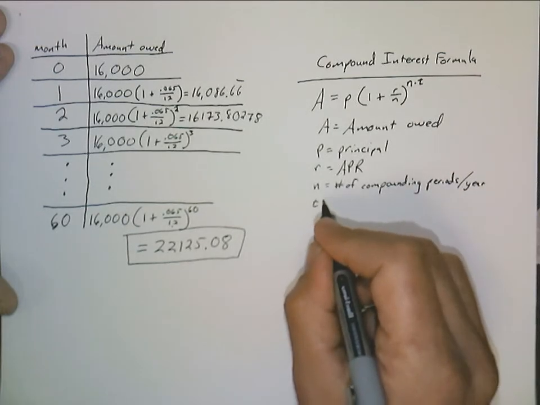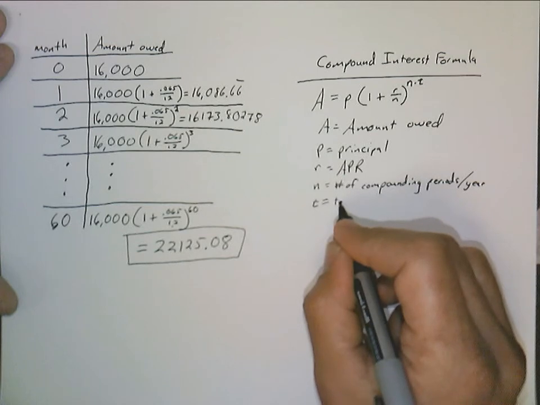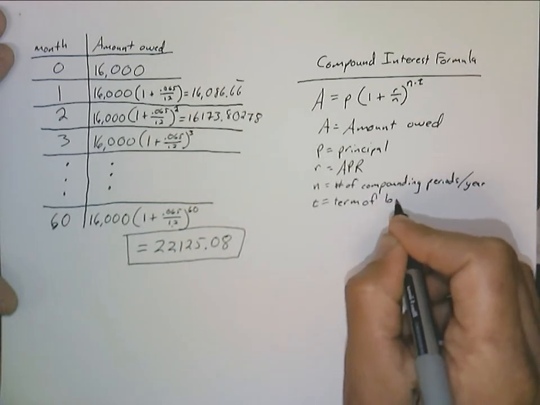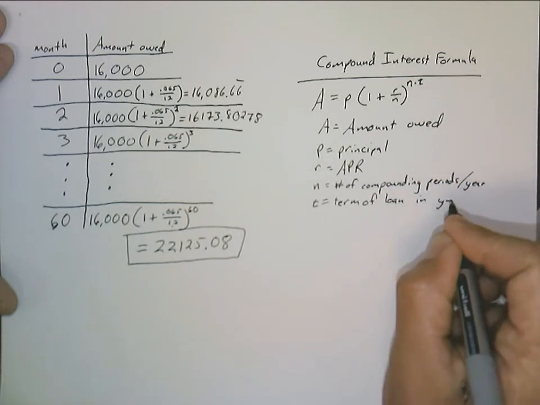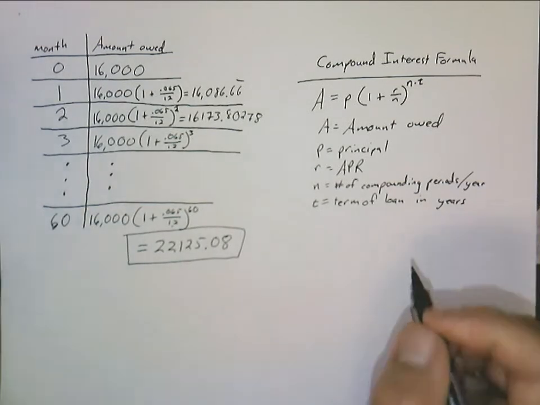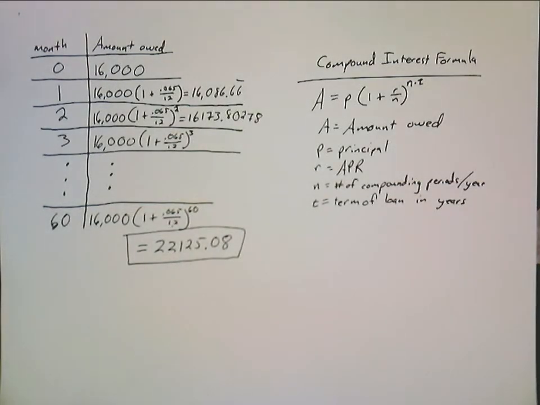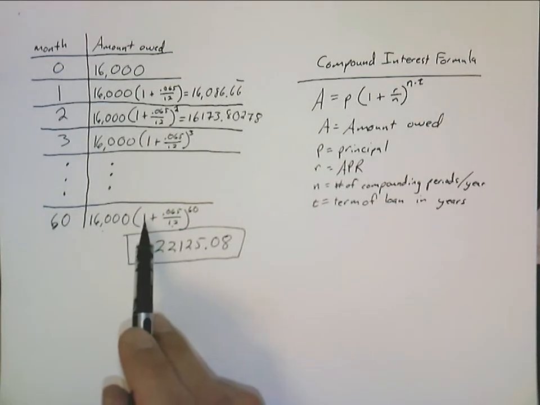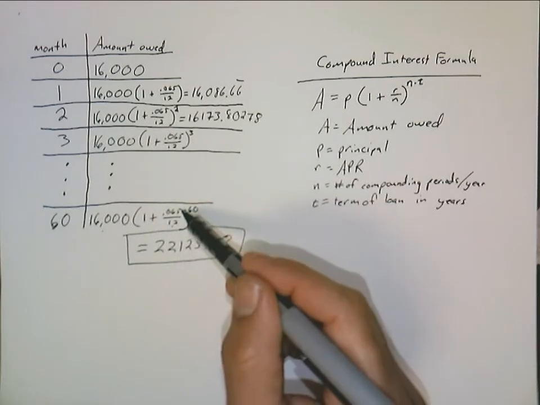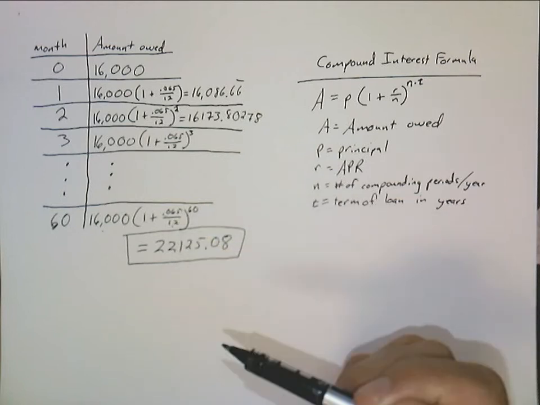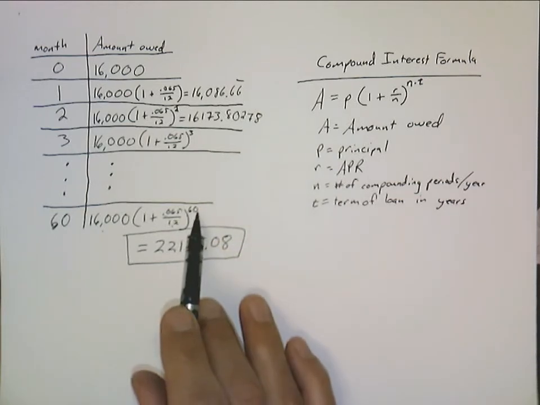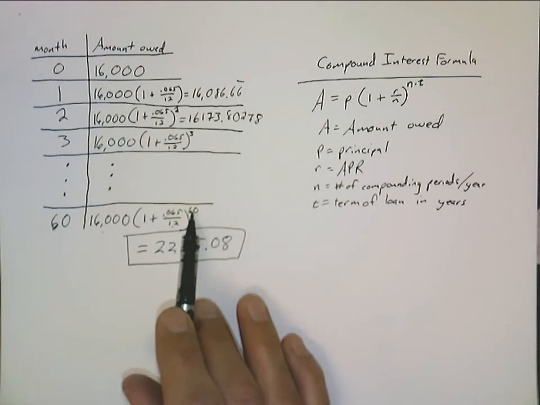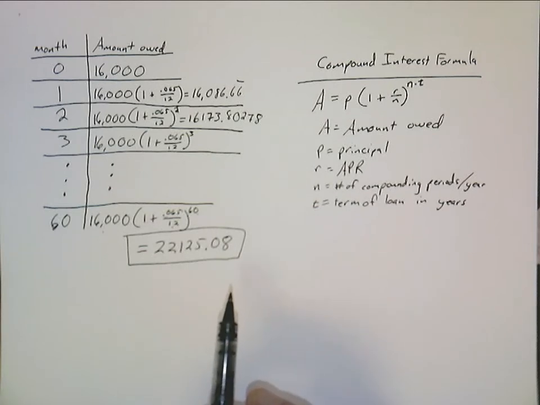And T is still the term of the loan in years. So that's exactly what we have over here. Principal times 1 plus the annual rate divided by 12 compounding periods per year. This 60 is 12 times 5, 12 months per year times 5 years.